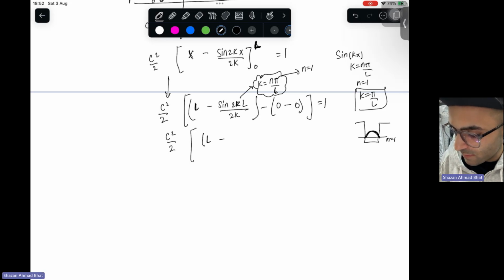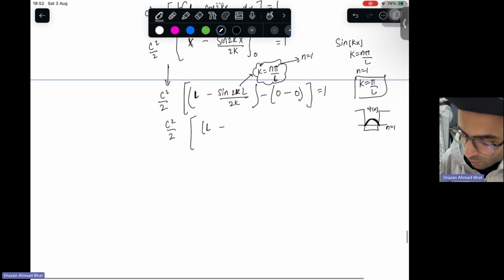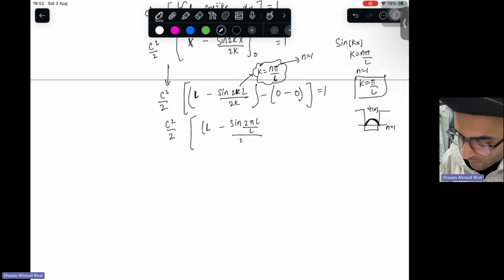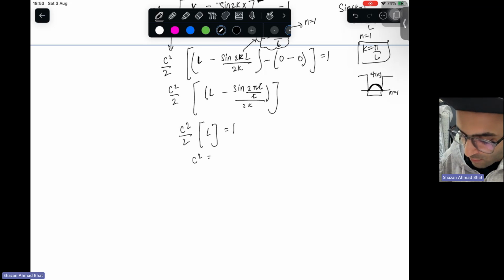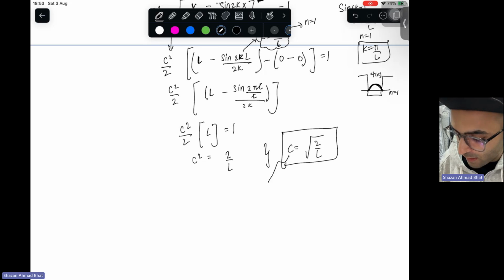If you draw this, it is psi of x for n equals 1. Now using that here, you get sine of 2 pi L divided by L divided by 2k. The L and L cancel, and sine 2 pi is 0. So you get c square by 2 times L equal to 1. You get c square is 2 over L, or c equals the square root of 2 divided by L, which is called the normalization coefficient.